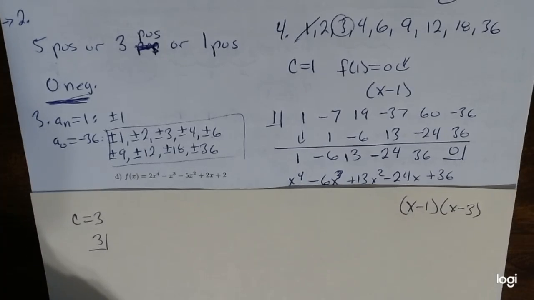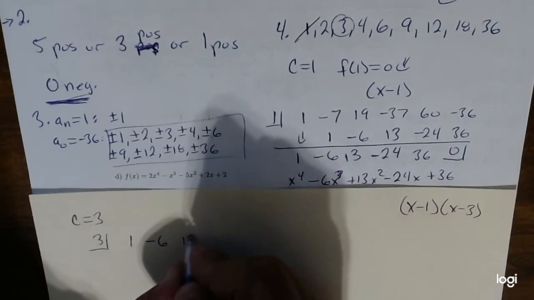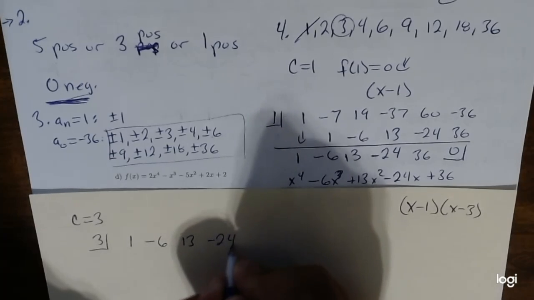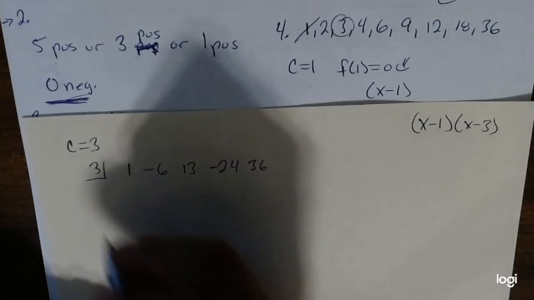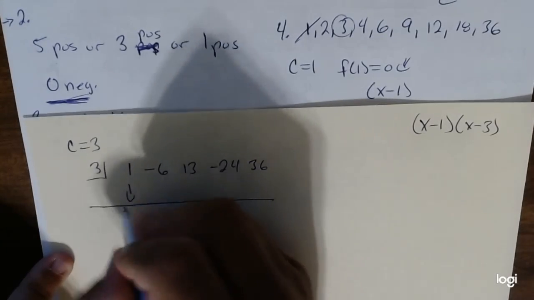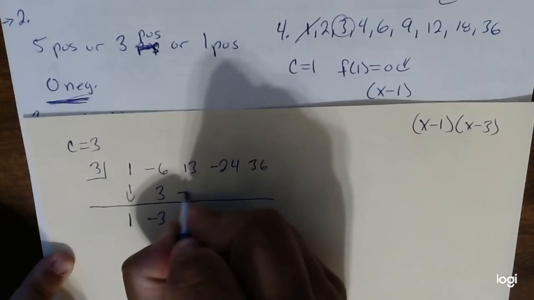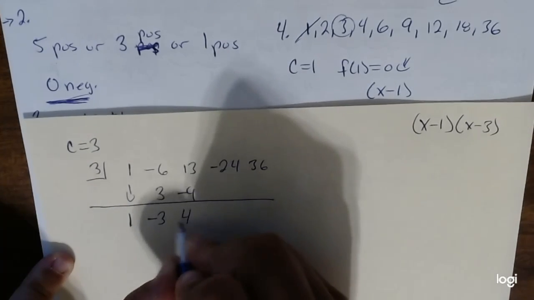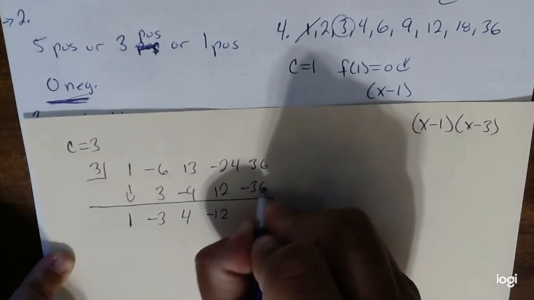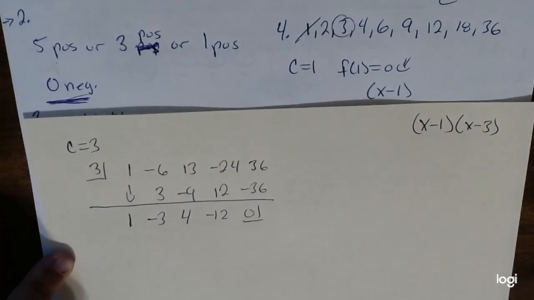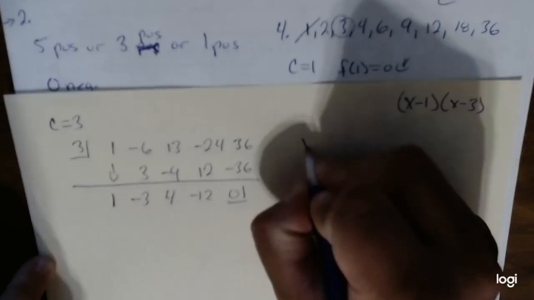It's going to be 1, negative 6, 13, negative 24, and 36. This gives us 1, 3, negative 3, negative 9, 4, 12, negative 12, negative 36, and 0.